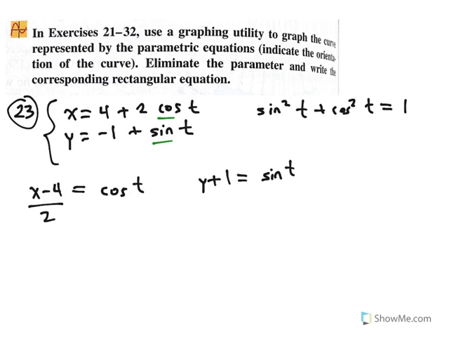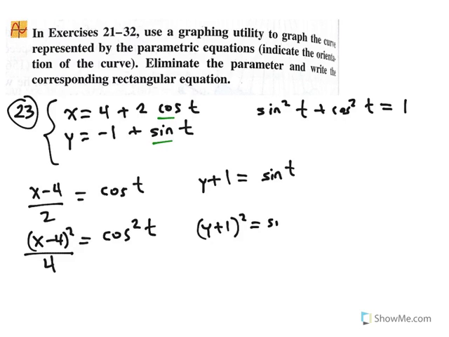So now you have isolated the trig expressions, so you can square each side of each equation. So you will get x minus 4 squared over 2 squared is equal to cosine squared t, and y plus 1 squared is equal to sine squared t.